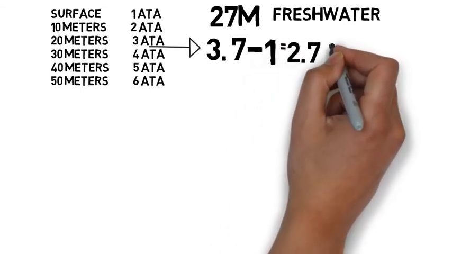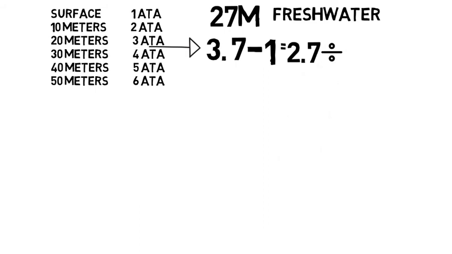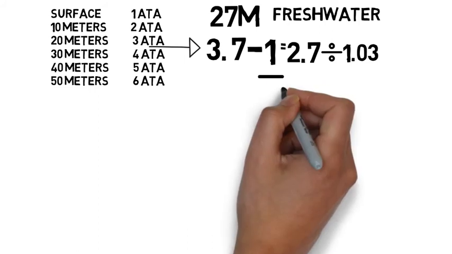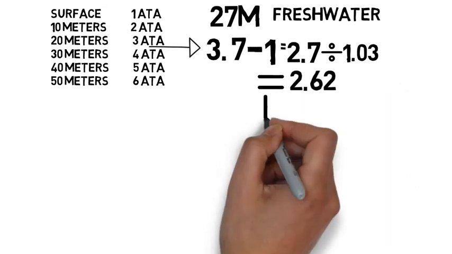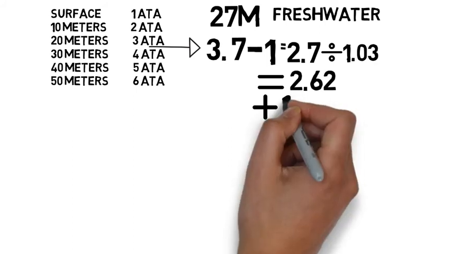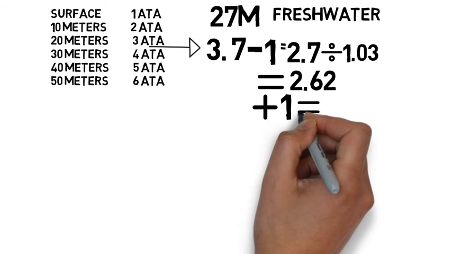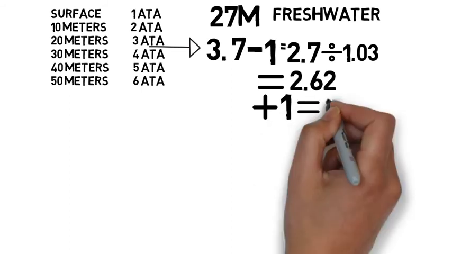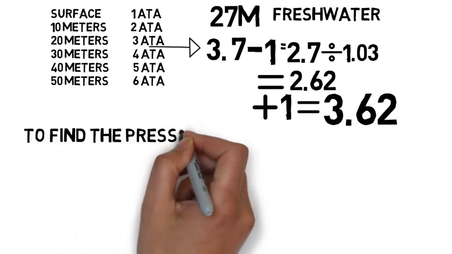We then divide by 1.03 to account for the slightly reduced weight of fresh water. And that will give us 2.62. We now need to bring in that atmospheric pressure at the surface, bring that back into the equation. So now we have the pressure of 3.62 atmospheres in fresh water at 27 meters.